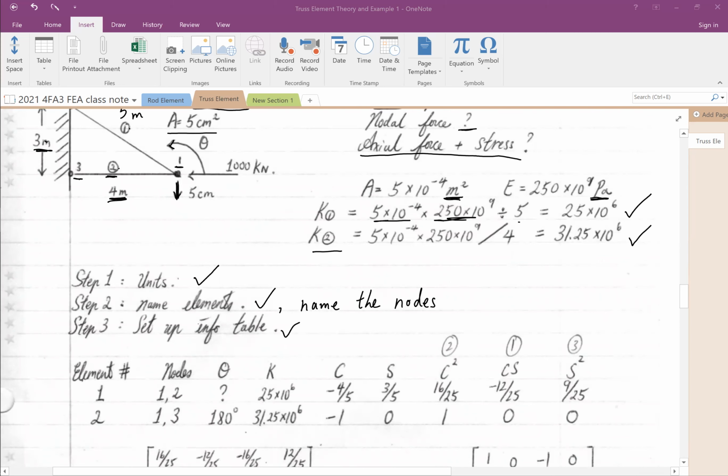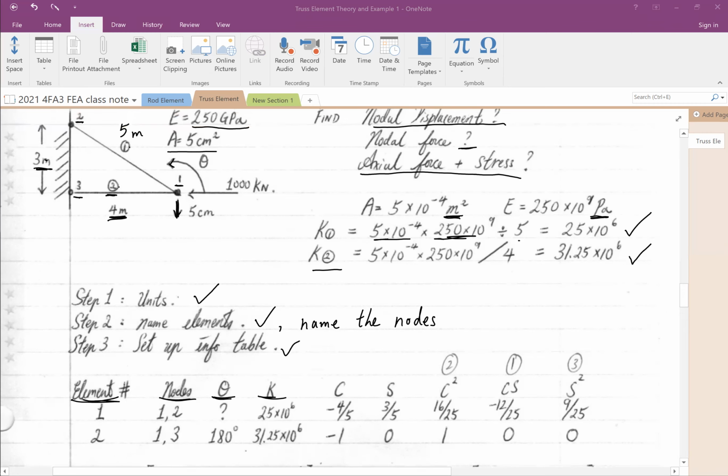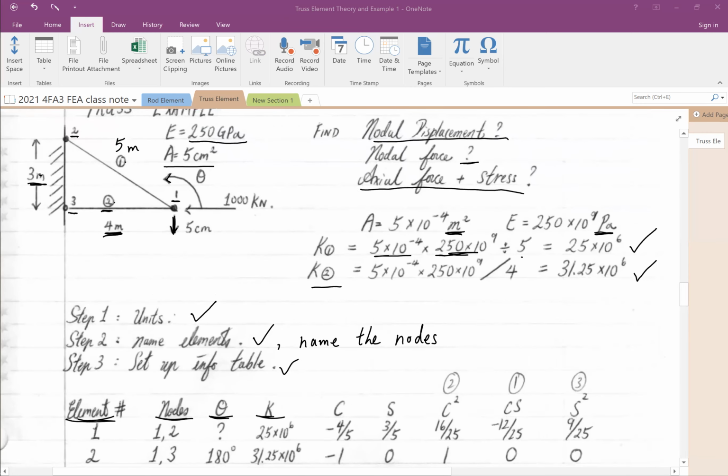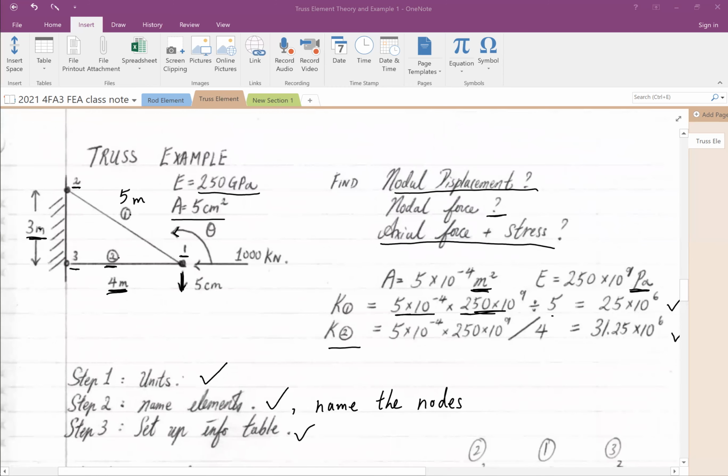The table must tell you the element number, the nodes, the angle, K, and the cosine, sine, and cosine square. Let's try it on the first element. The first element is linking from node 1 to 2.